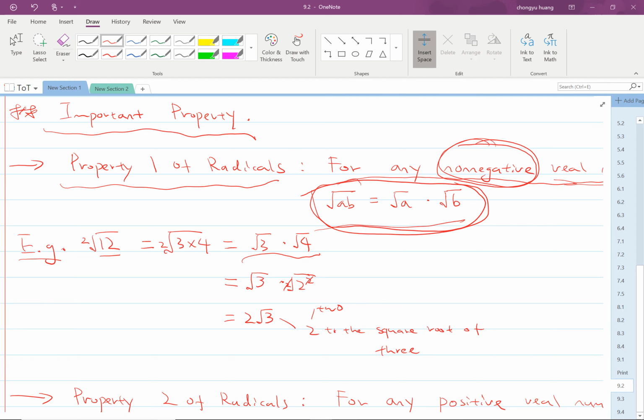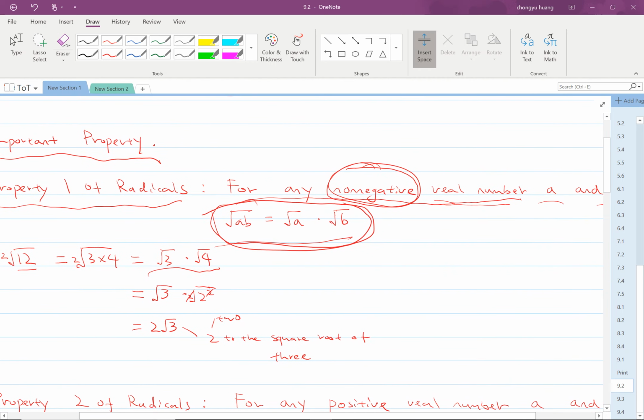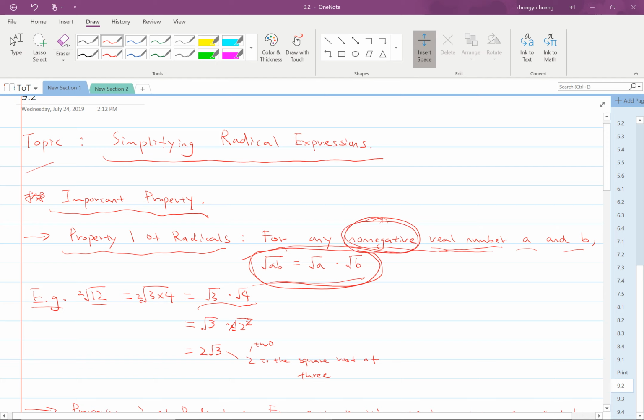Another example I want to show you is why the numbers have to be non-negative real numbers, why we need this condition.